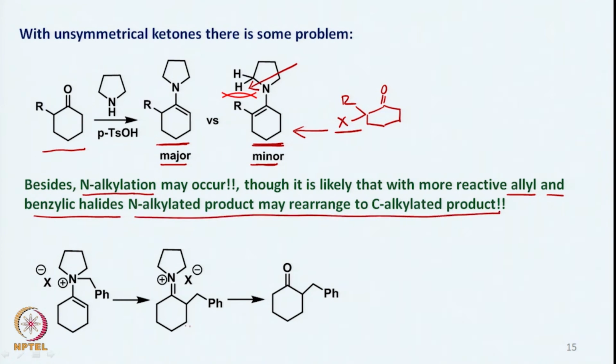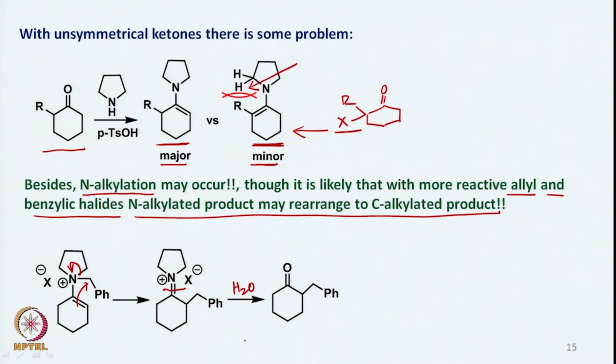For example, here it can rearrange in this fashion after the N-alkylation has happened, then of course we get the C-alkylation, and then when the hydrolysis is done from here, then of course we can get the corresponding ketone. But if such a rearrangement, this kind of N to C alkylation, does not take place, then of course we have a problem. So, there are problems associated with it.